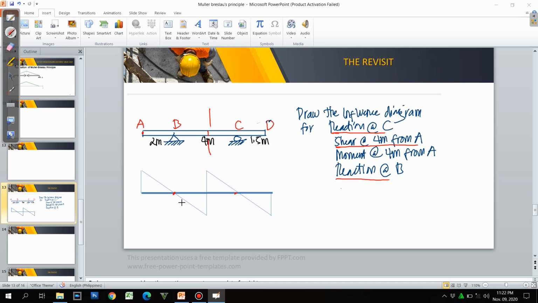As a result, this will be pinned here. This will tend to go up. Although this is not a pin connection, it will rest on C and this will go down. So all of the values are not yet known.